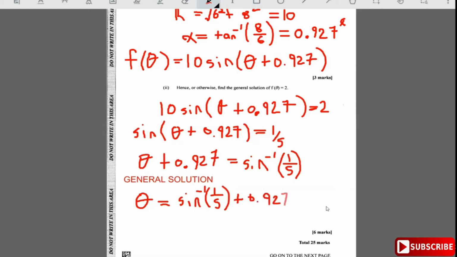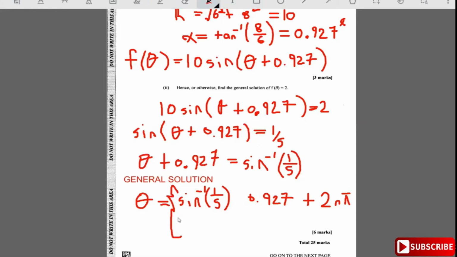I can go around the circle again, so plus 2n pi. That's one possible answer. When you bring it over, it becomes minus, so this shouldn't be plus, this should be minus. Sine inverse 1 over 5 minus 0.927.